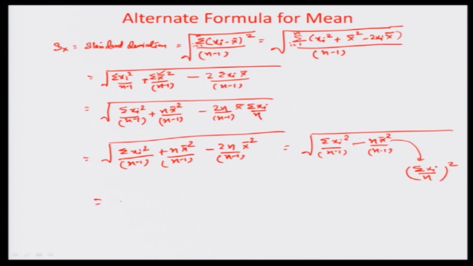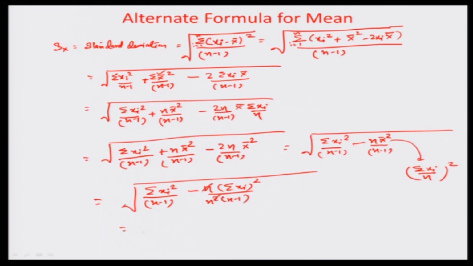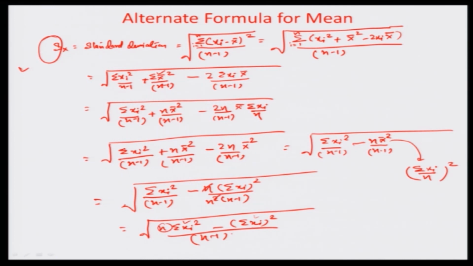So the final formulation can be obtained as sigma xi square by n minus 1 minus n times sigma xi whole square divided by square of n minus 1, and this n minus 1 goes away, and we have finally n sigma xi square minus sigma xi whole square divided by n times n minus 1. So this formula actually simplifies the calculation.